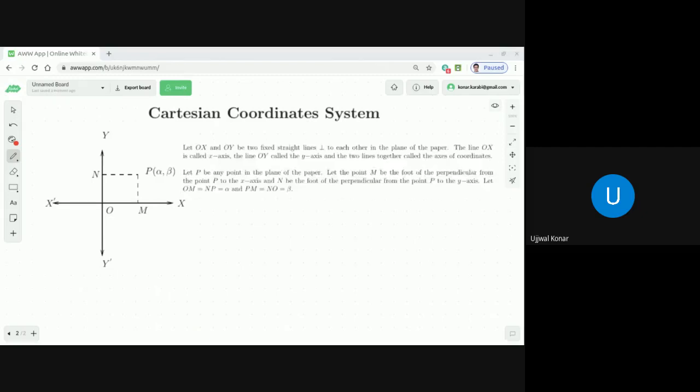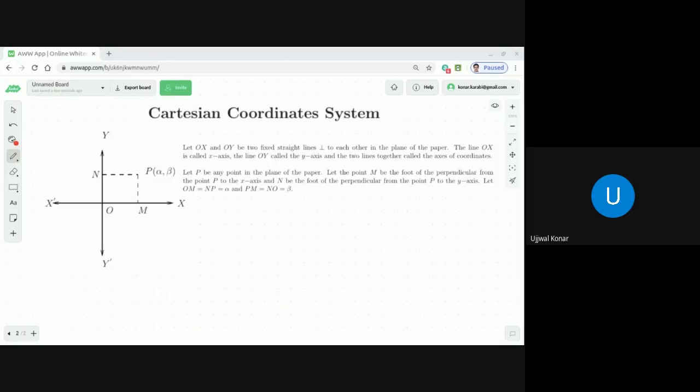Now the point O is called the origin. The distance OM is called the abscissa. The distance PM is called the ordinate. Both abscissa and ordinate together are called coordinates. So what we can say? The coordinates of the point P is the ordered pair alpha comma beta.